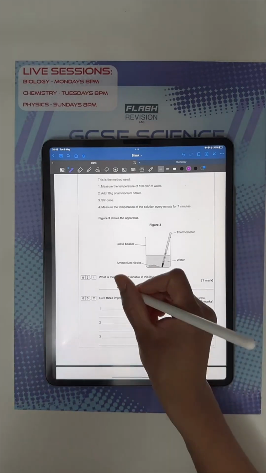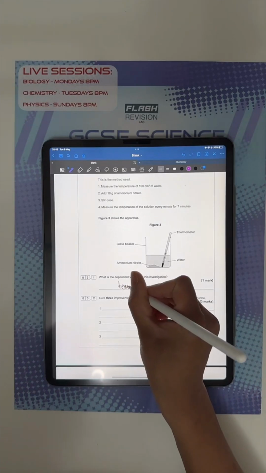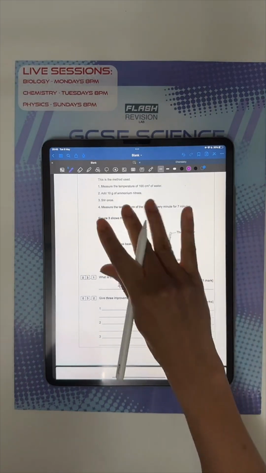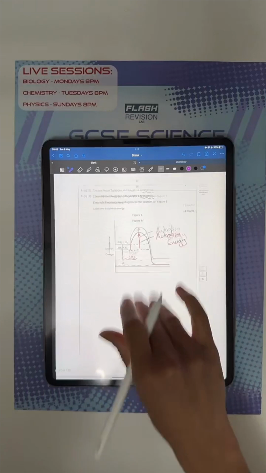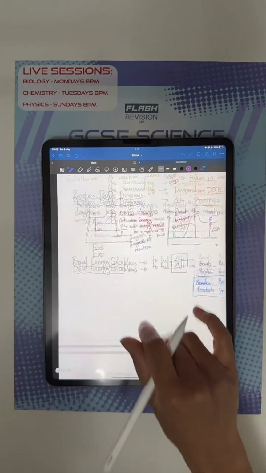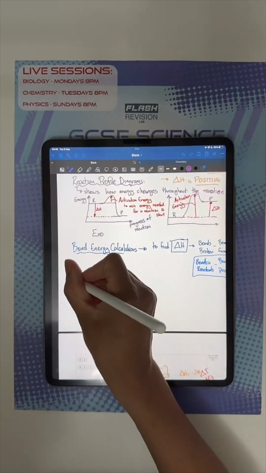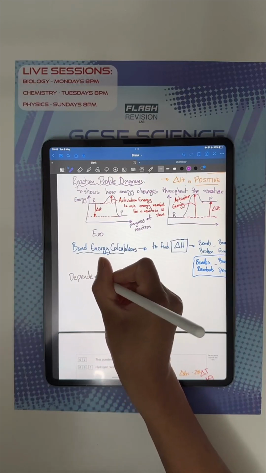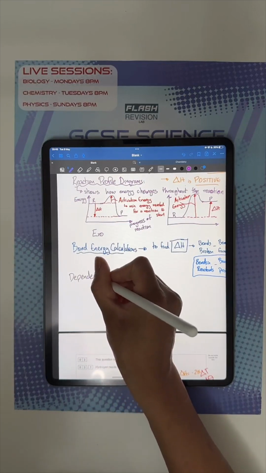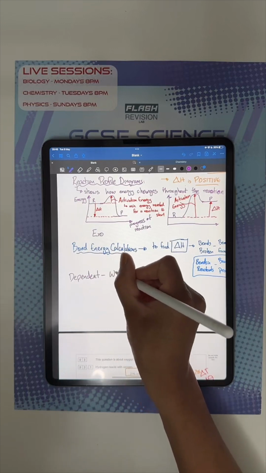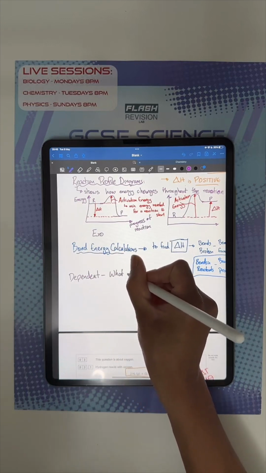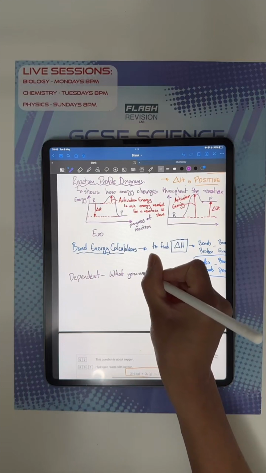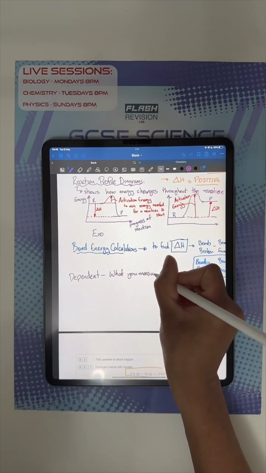Yes, it's temperature. So the difference between dependent and independent, let's write that down in our notes. Dependent is what you measure. So what's changing? What's independent?